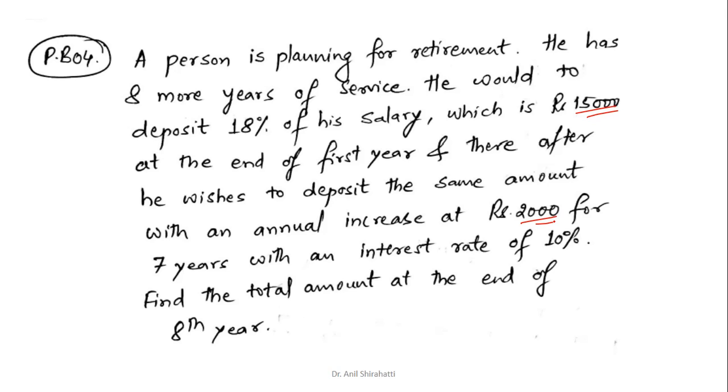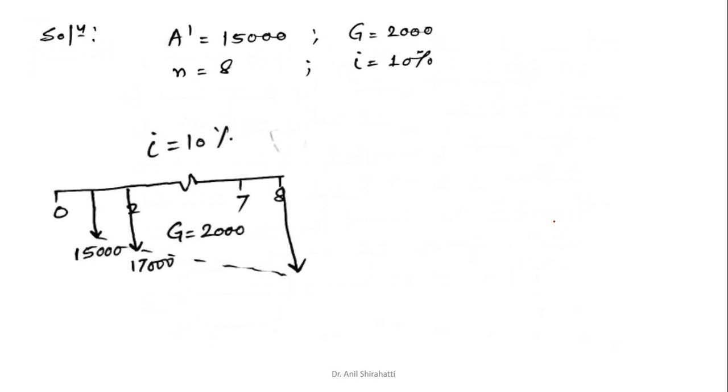So at the end of the first year he wants to deposit rupees 15,000, correct? Now at the end of the second year he wants to increase it by another 2,000 rupees, so he wants to deposit 17,000. At the end of the third year he wants to deposit another additional 2,000, that is 19k, then 21k. So this is the series he is following. So this is the cash flow diagram.